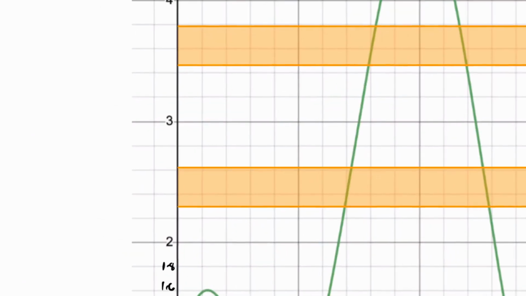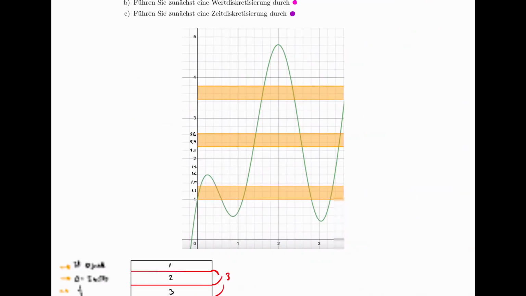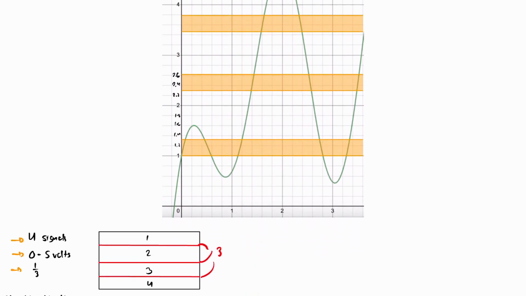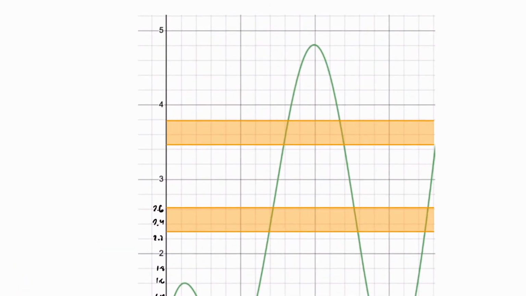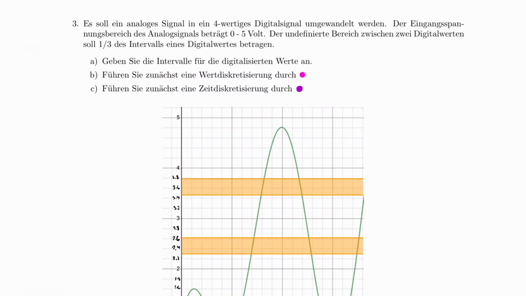So this will be 2.2, 2.4, 2.6. Oh no, it does begin at 2.6, and it ends in 3.6, meaning we just do here 2.8, 3, 3.2, 3.4, 3.6, and it ends in 3.6 if I'm correct.